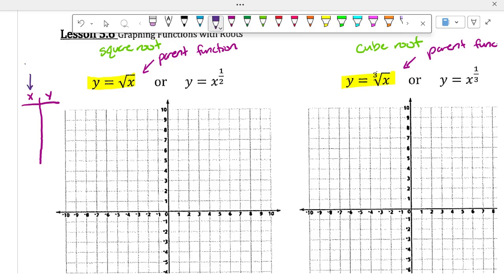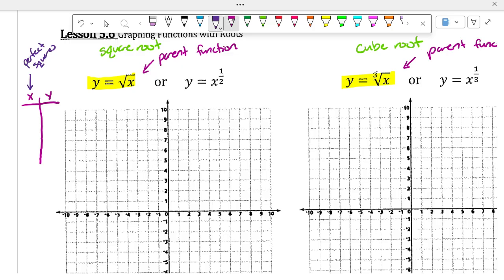So our x, we want it to be perfect squares, meaning when we take the square root, we get a nice whole number, not an irrational number. So think logically about this. What is the lowest number that's a perfect square that I can put in for x, that when I take the square root, it still gives me a real number, not imaginary?